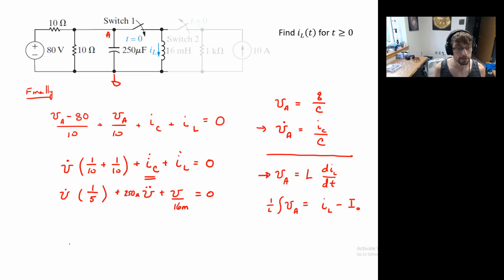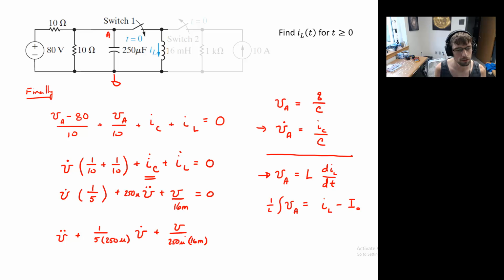And we're golden, right? Now we have an expression. Let's see, 1 over 5 times 250 micro V dot plus V divided by 250 micro times 16 milli.